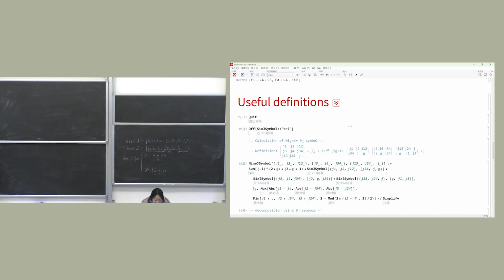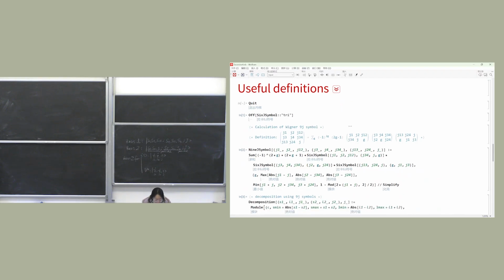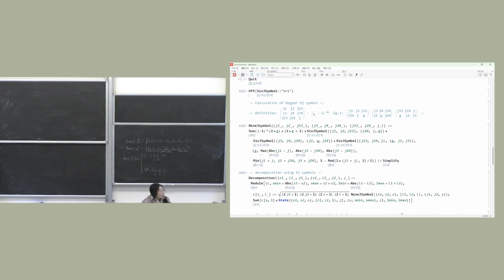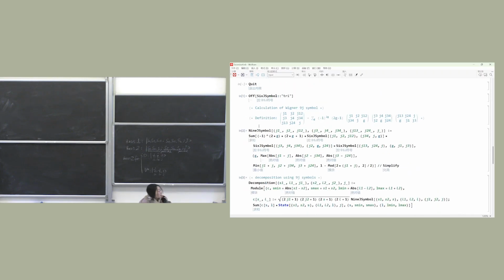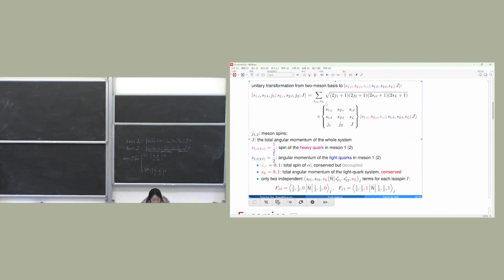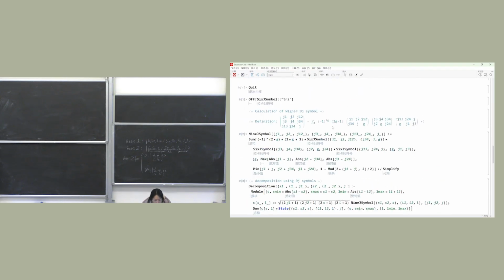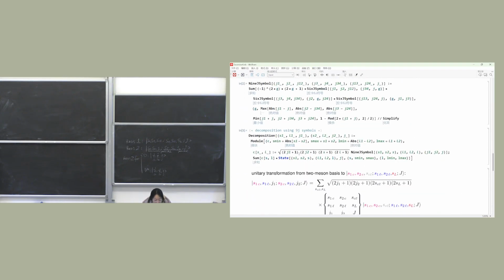Firstly, let's define some useful things. The first thing is the Wigner symbol. The Wigner symbol is something like a matrix. And then here is a decomposition. The decomposition is just to represent basis one in terms of basis two, because CA, CB, or in other words F0 and F1, are both under the heavy quark spin basis.